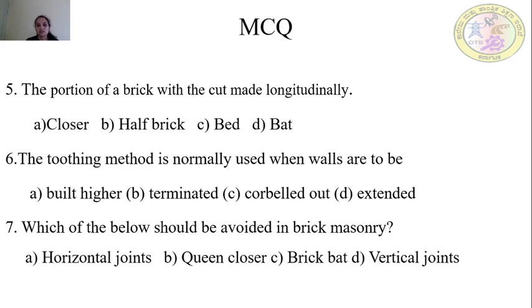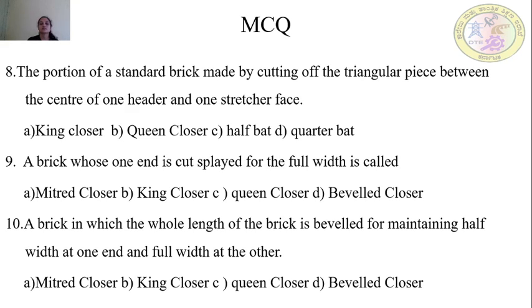The toothing method is normally used when walls are to be extended. Which of the below should be avoided in brick masonry? Vertical joints. The portion of a standard brick made by cutting off the triangular piece between the center of one header and one stretcher face is king closure.